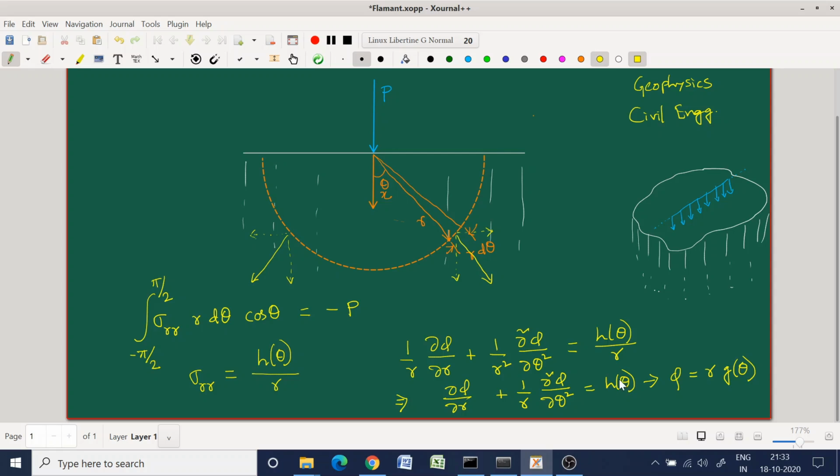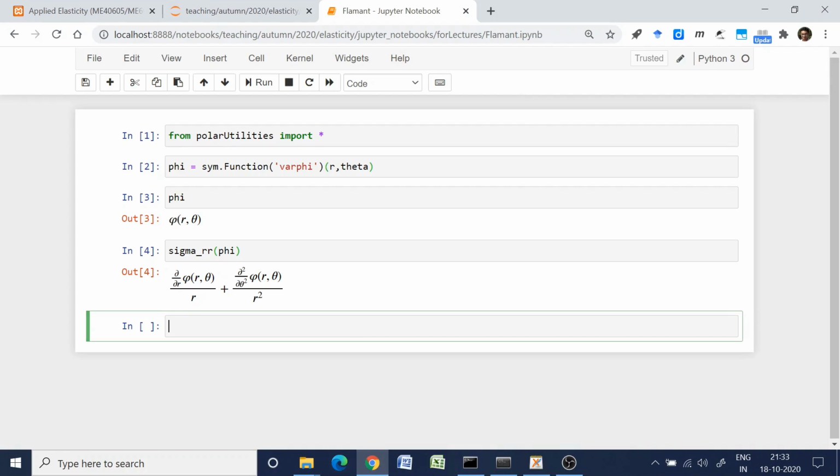This is actually the starting point of the work that we can do in our Jupyter notebook. So we go back to our Jupyter notebook, and instead of this generally defined phi, we specialize it to the particular form that we really want.